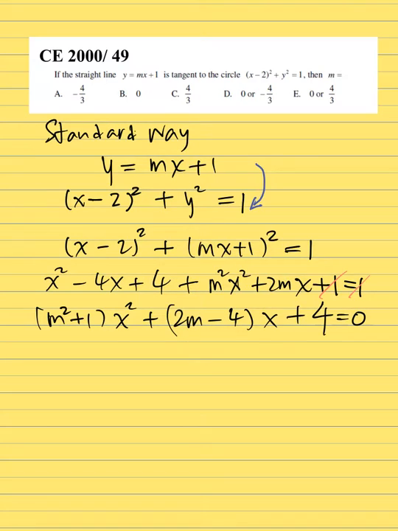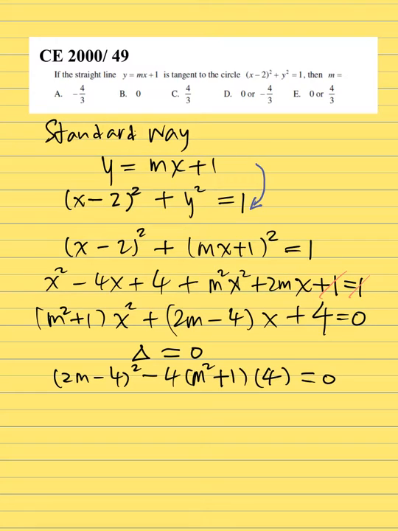The next step again is to consider the discriminant, which is set to be 0: (2m minus 4) squared minus 4 times (m squared plus 1) times 4 equals 0.